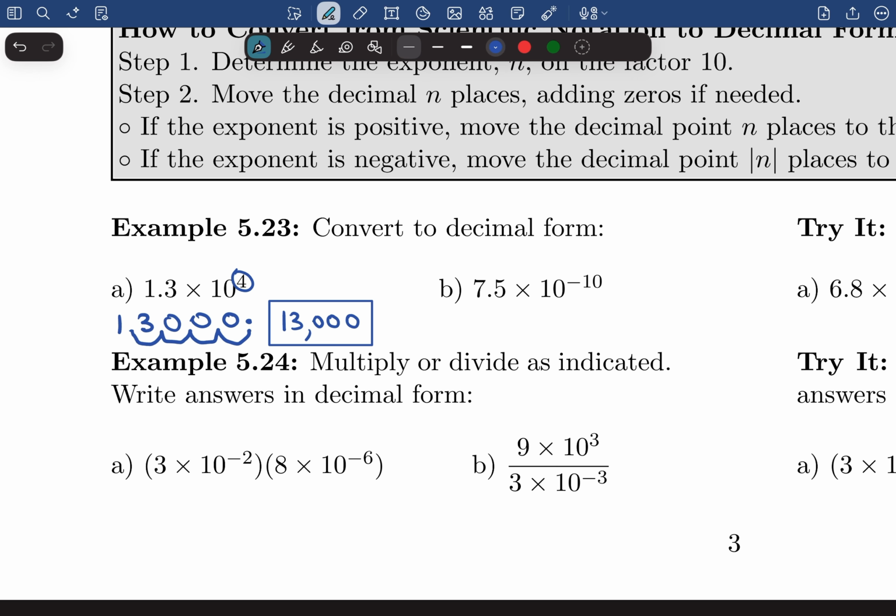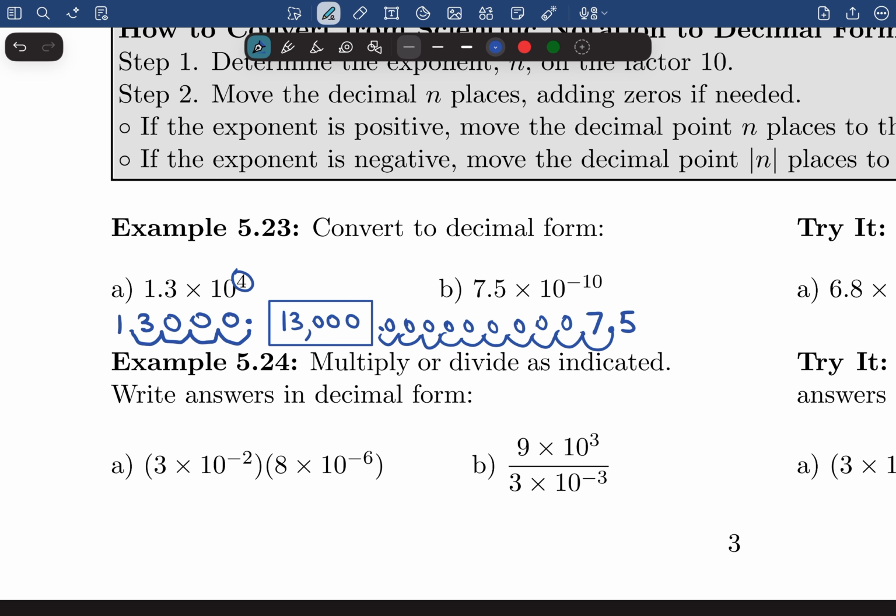What we'll do is we'll write 7.5, and then we will create spaces for moving the decimal 10 places to the left. 1, 2, 3, 4, 5, 6, 7, 8, 9, 10. So my decimal is all the way over here, and I fill in the spaces with zeros, and that is my number.